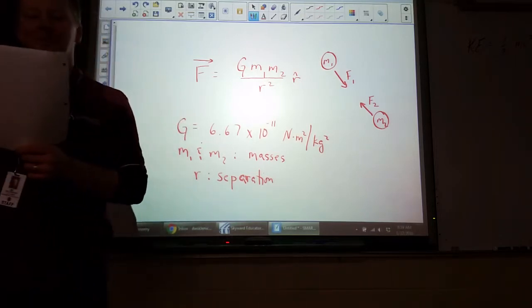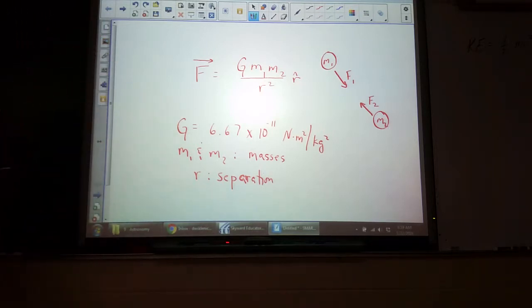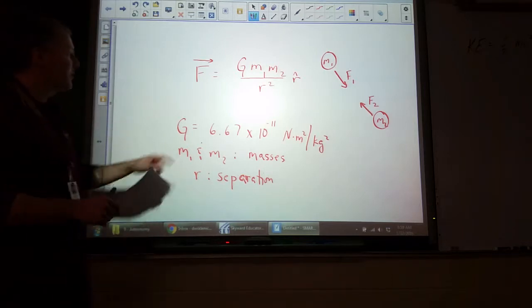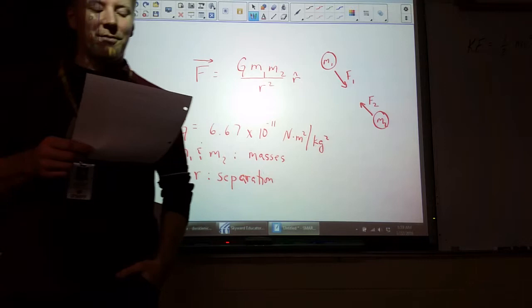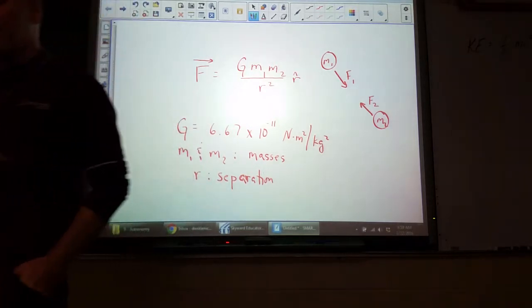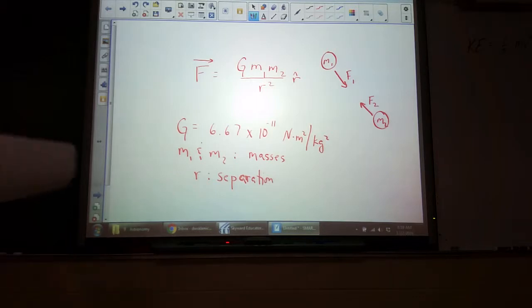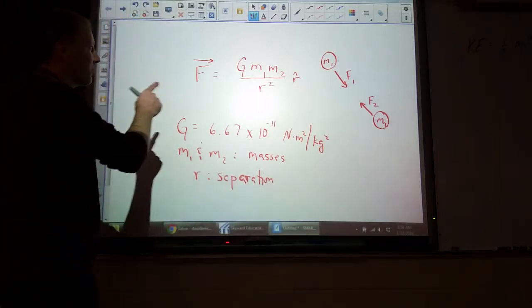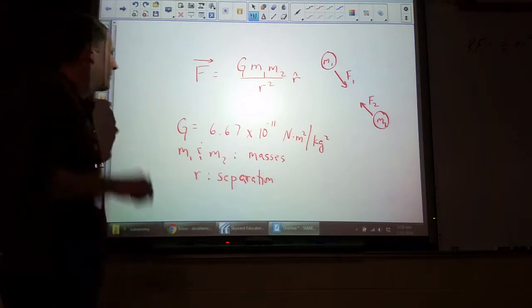Okay. Second question. The Earth and Sun have a gravitational attraction, but are not point masses, which is what this assumes. What simplifications do we have to use to make this apply? So here's the deal. This works for one point mass to another point mass, so extremely small masses.